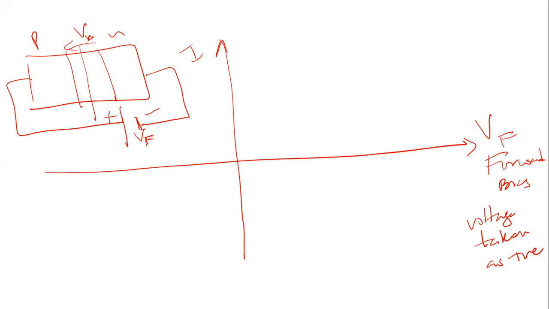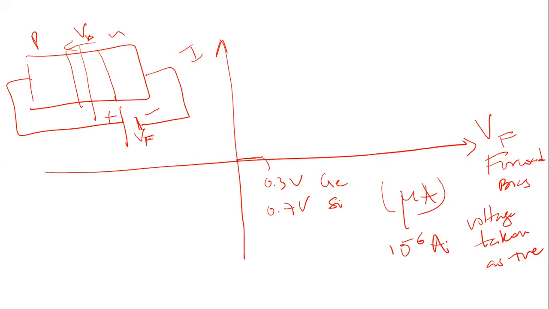When you connect like this, if the voltage is below 0.3 volt in the case of germanium and below 0.7 volt in the case of silicon, there is practically no detectable current. Current is in few microamperes only. Microamperes means 10 to the power minus 6 amperes.